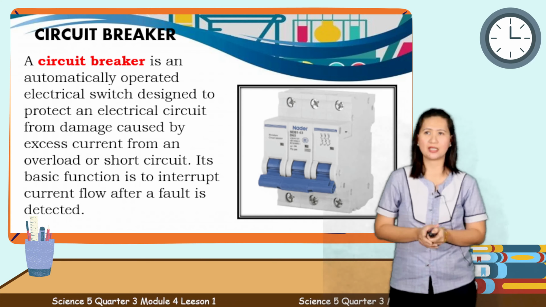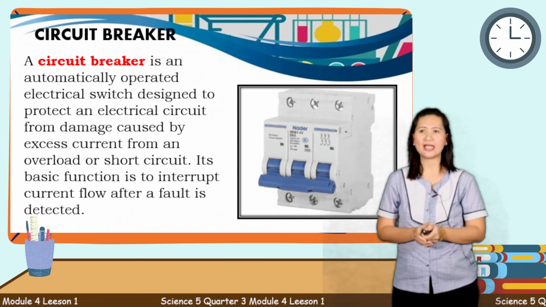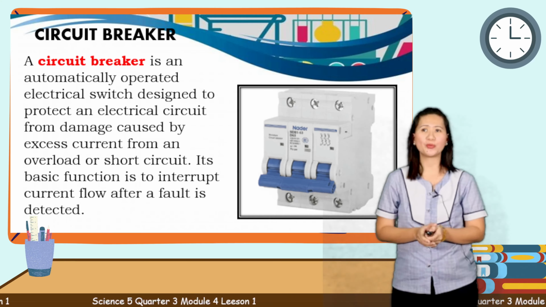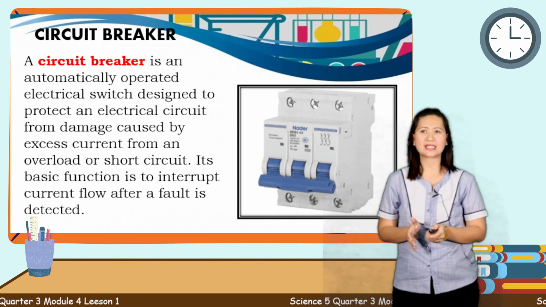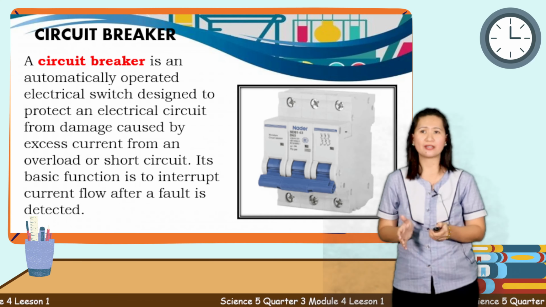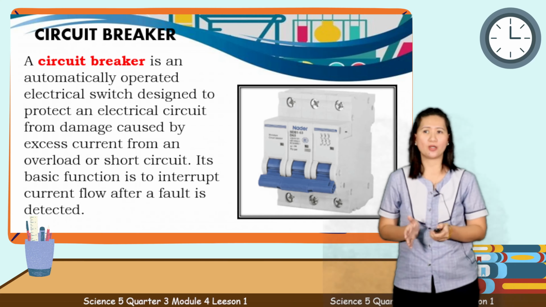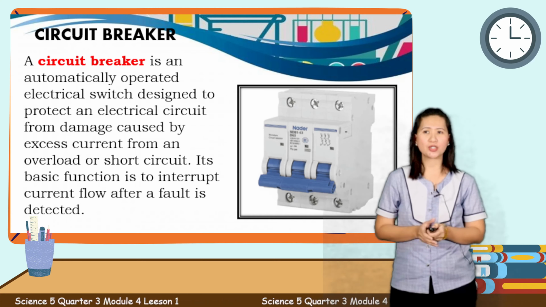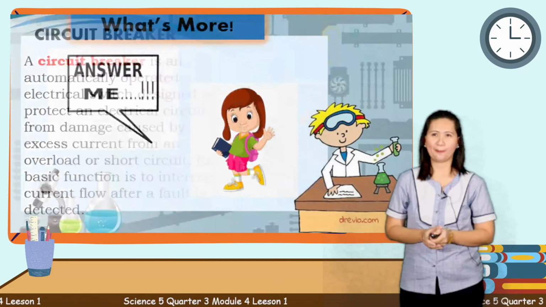Here it is. A circuit breaker is an automatically operated electrical switch designed to protect an electrical circuit from damage caused by excess current from an overload or short circuit. Its basic function is to interrupt current flow after a fault is detected.